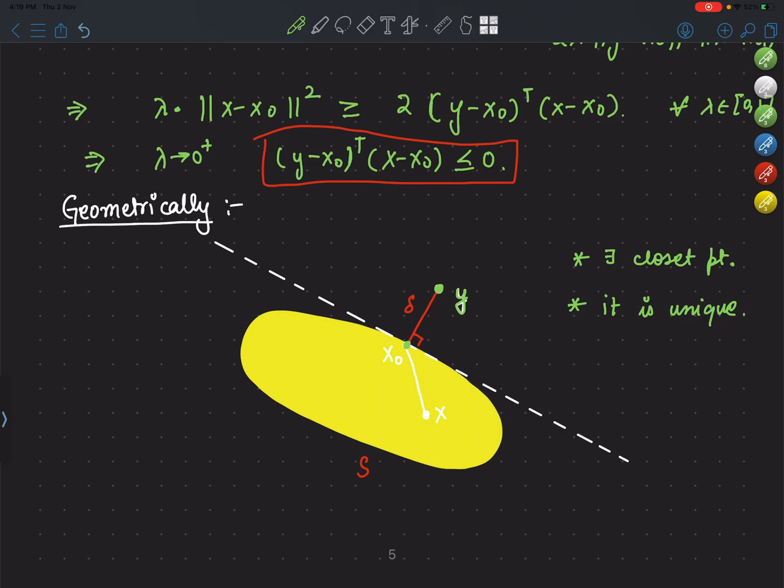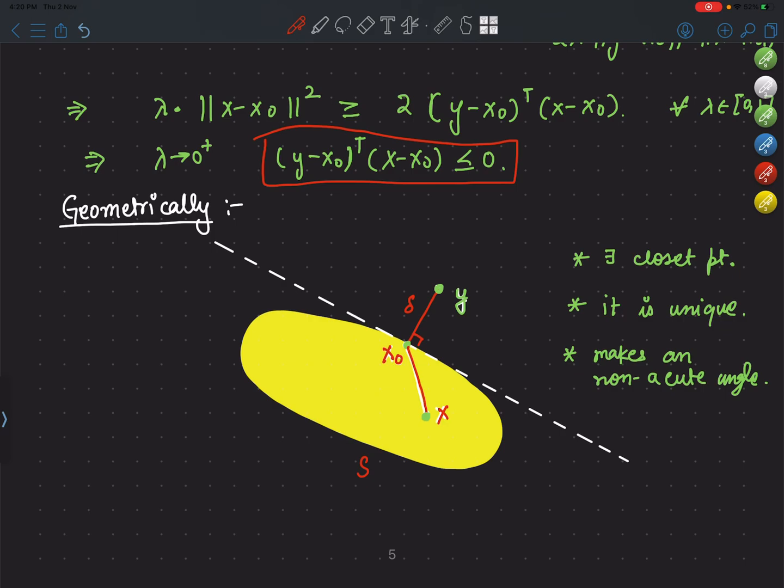So x naught is unique, and it makes an obtuse angle, or should I say non-acute angle, sorry. So you can see this is what this theorem says.